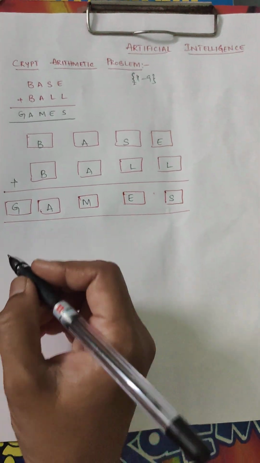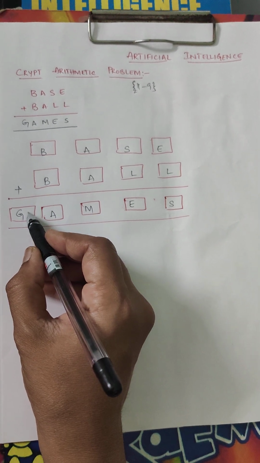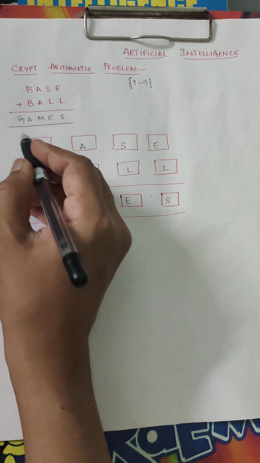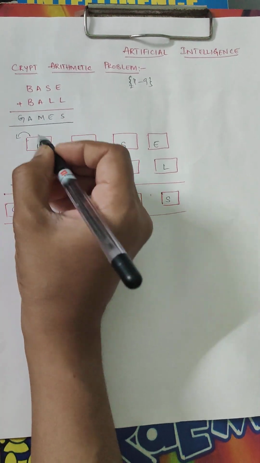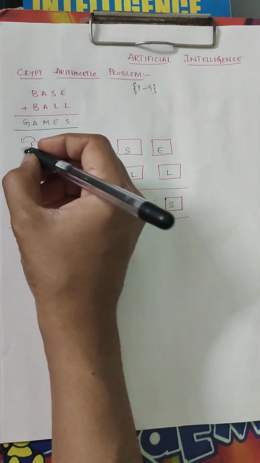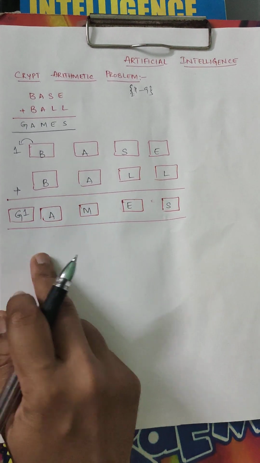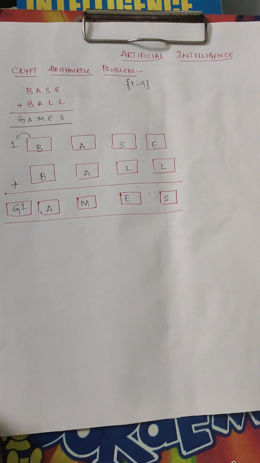Let us start. Since G is individually assigned there, we will know that there will be some carry coming from this part of the equation, which is left over as 1. So we will assign the G value to be 1.